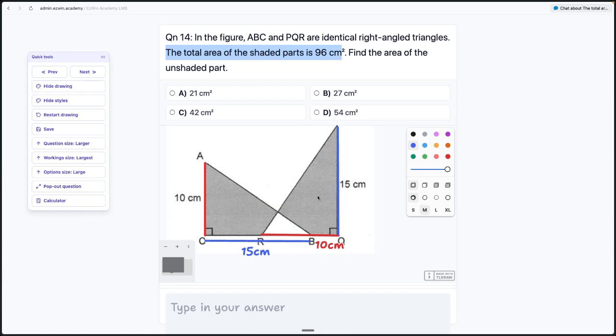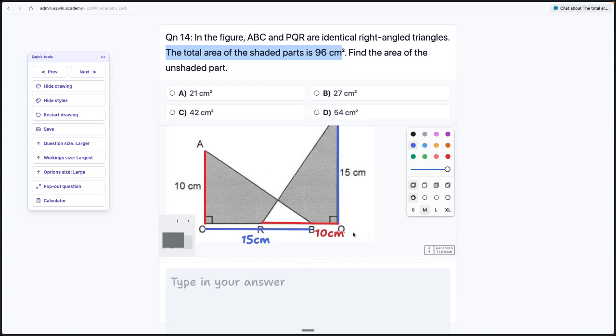So the thing is, once you overlapped this shape over here, essentially you're just overlapping the same shape in these two identical triangles. So what this means is that we first get the area of the identical right angle triangle.